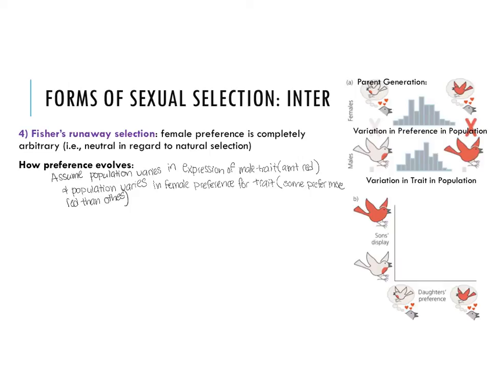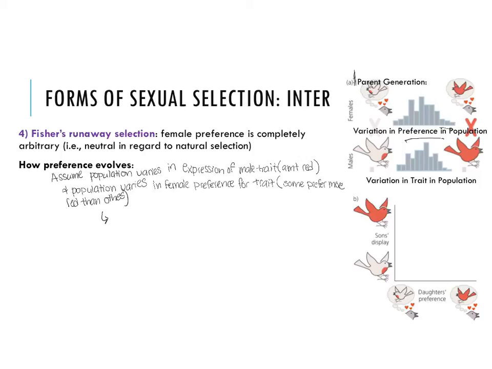Okay, so specifically, what you're going to see in that case, if we look over at this graph, the top two graphs kind of show you what we're talking about here. So here's the parent generation right here. And we see variation in preference. So here's the female who hearts a little bit of red, and here's a female who hearts a lot of red.